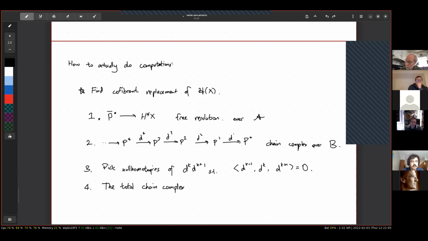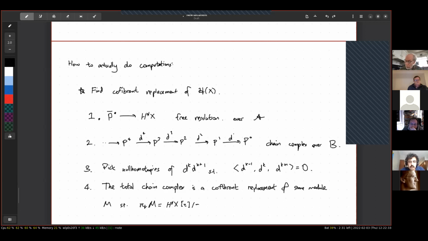The total chain complex is a cofibrant replacement of some module M such that pi star M is the cohomology of X adjoint tau mod tau squared.